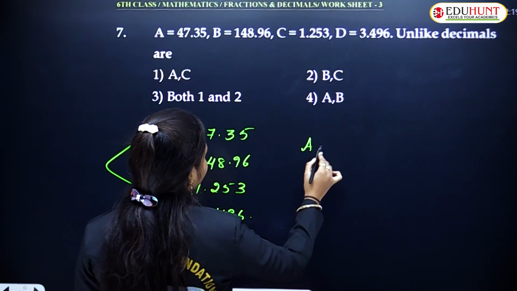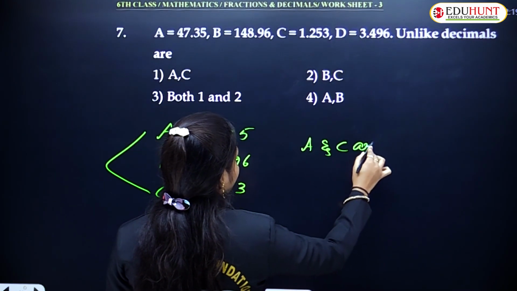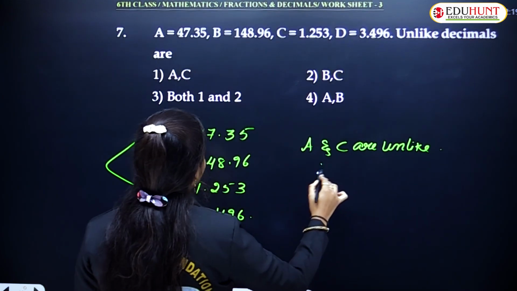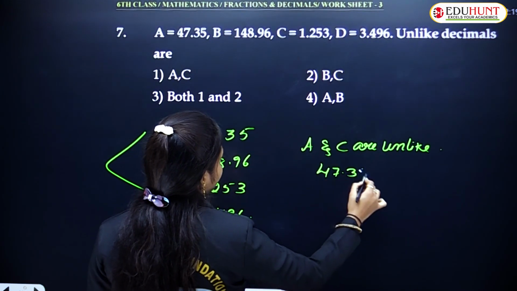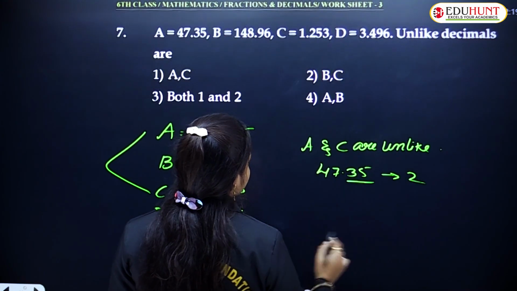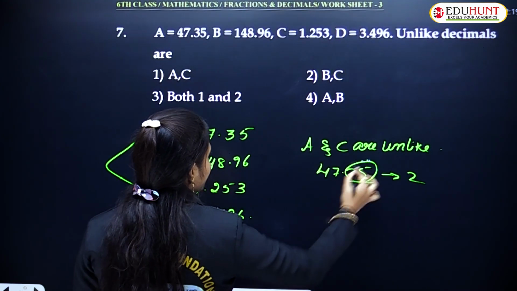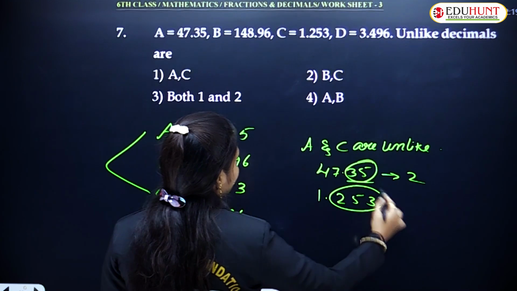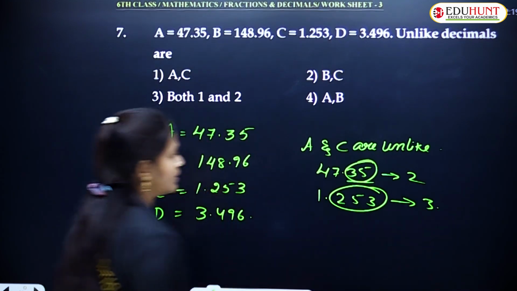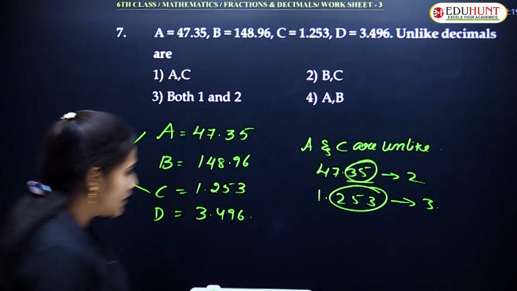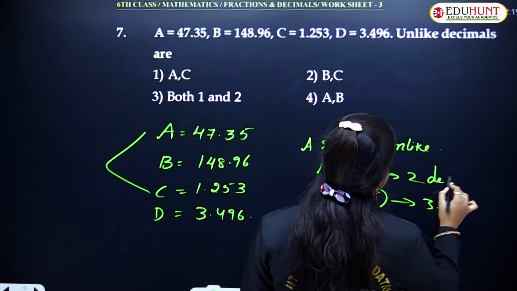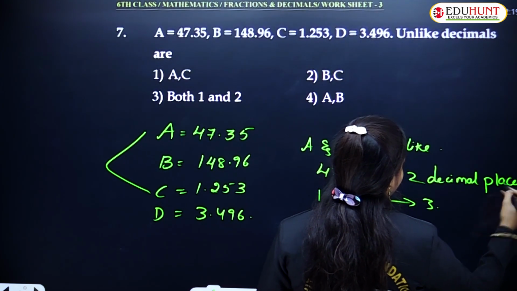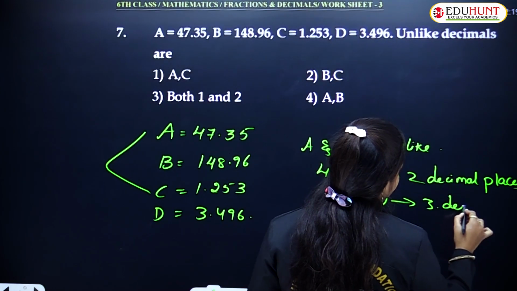Yes, A and C are unlike. Why? Because here 47.35 has 2 decimal places, and C is equal to 1.253, here 3 decimal places are there. Understand? Here 2 decimal places and here 3 decimal places.